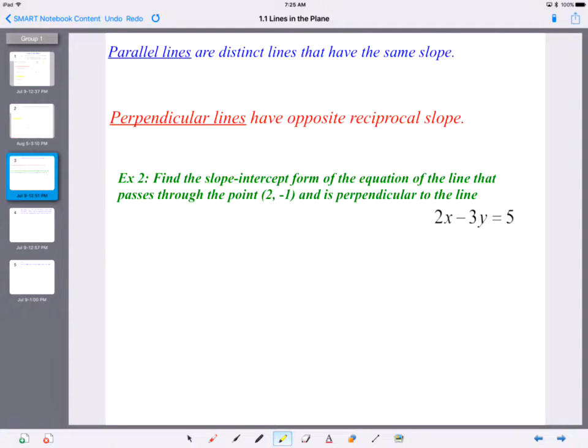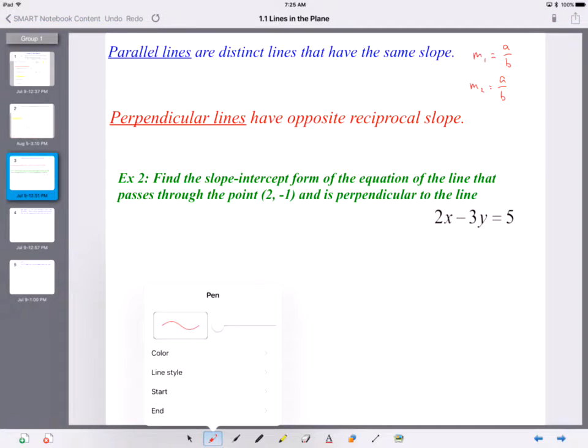Okay, let's move on to the next thing. Parallel lines are distinct lines that have the same slope. So the slope of the first equation is, I'm just going to say a over b. Then the slope of the second equation is also a over b when they are parallel.